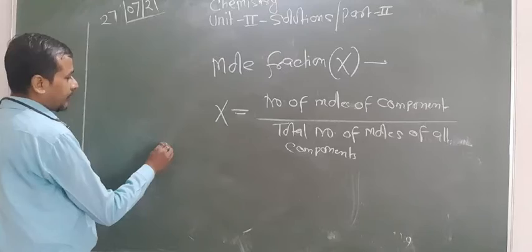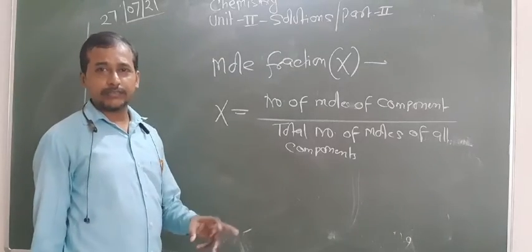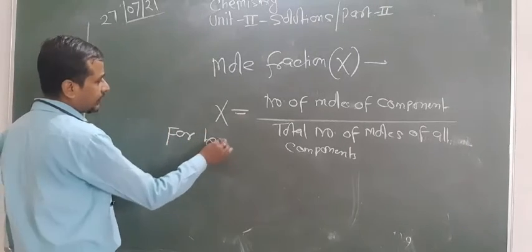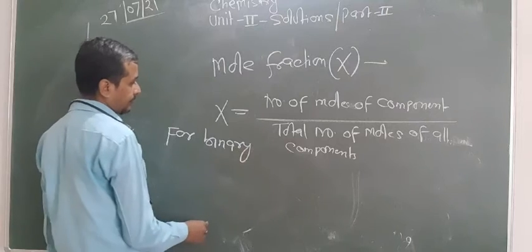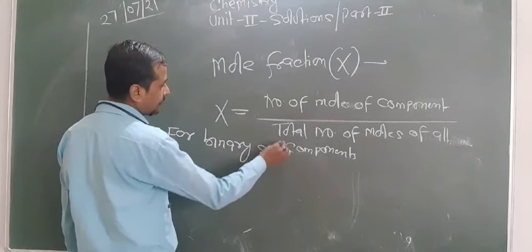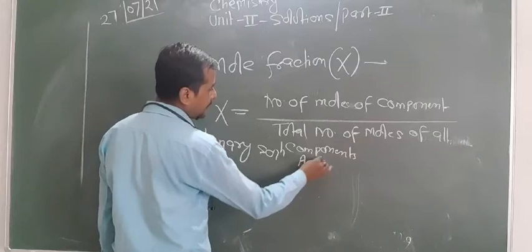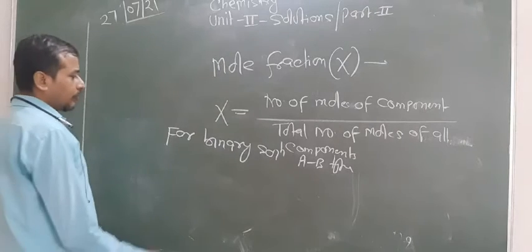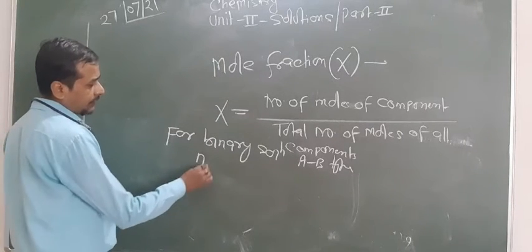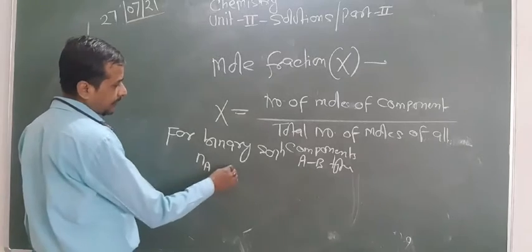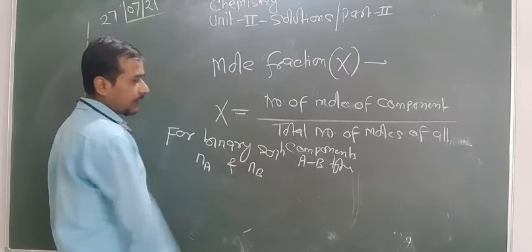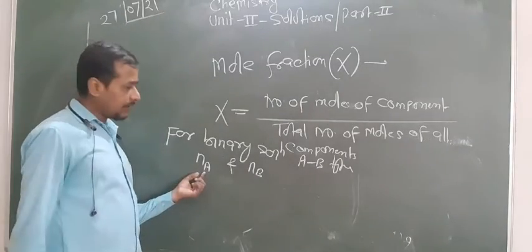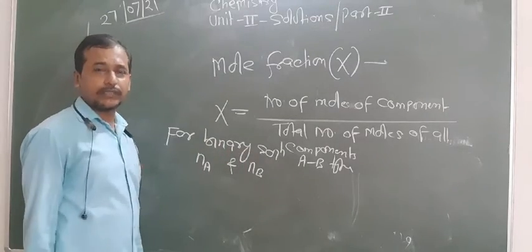Now in this chapter, we have to focus on the binary solution. Binary means having two components. So for a binary solution of AB type, how can we write the mole fraction? For A, the number of moles is Na, and for B, the number of moles is Nb.